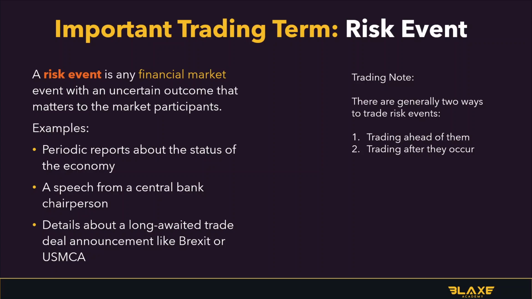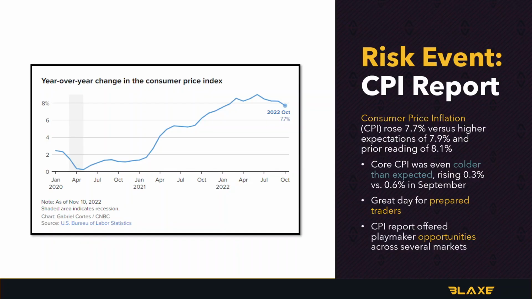Now, let's talk a little bit more about this CPI report. Today's event had the market all flustered and in a good way. The consumer price inflation report for the month of October rose 7.7%, and the market loved it.